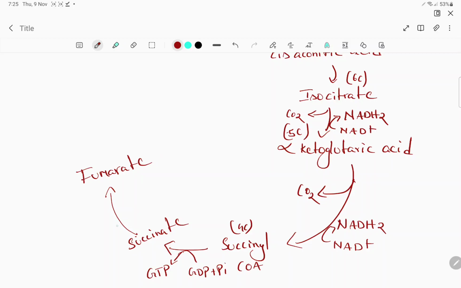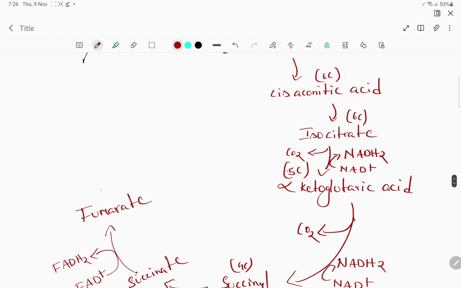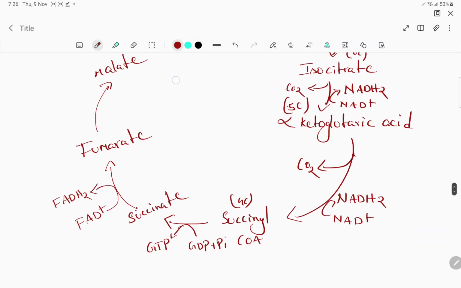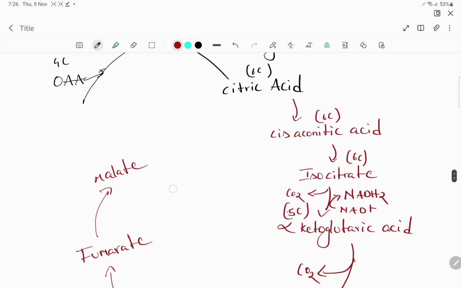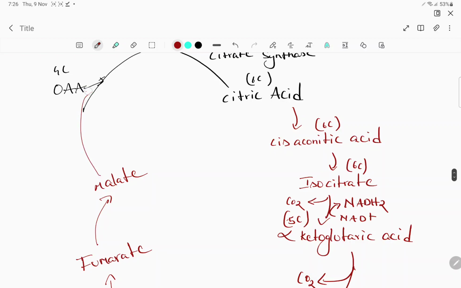Here FADH2 is produced from FAD plus. Fumarate to malate, malate to oxaloacetic acid. Here also one NADH2 is produced from NAD plus.